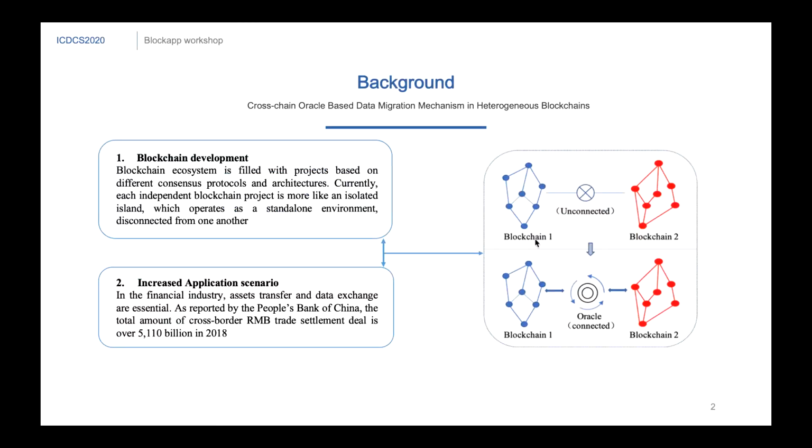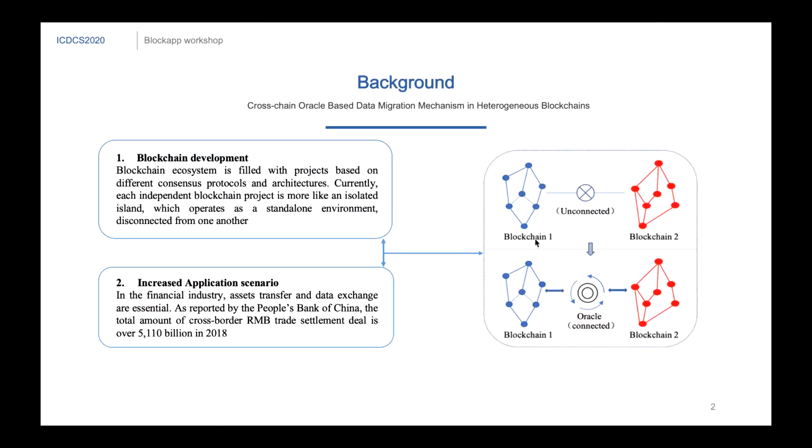Currently, each independent blockchain project is more like an isolated island, which operates as a standalone environment, disconnected from one another. And the restriction regarding access, transfer and data migration between different blockchains reduces the usability and comfort of users and hinders novel developments within the blockchain ecosystem.